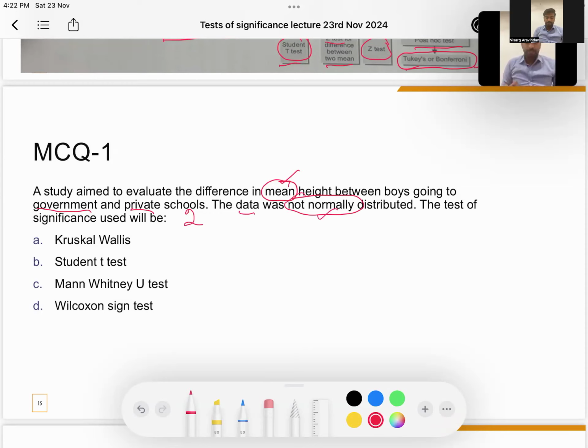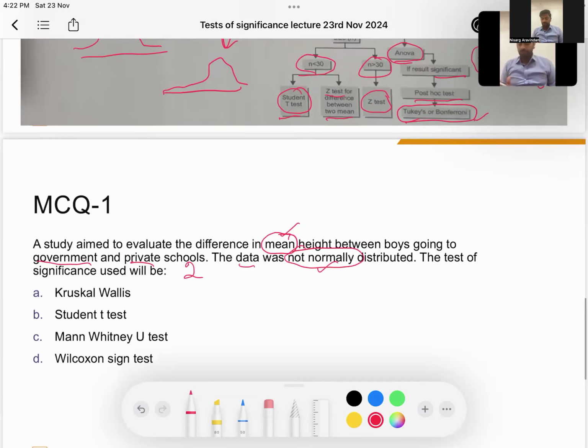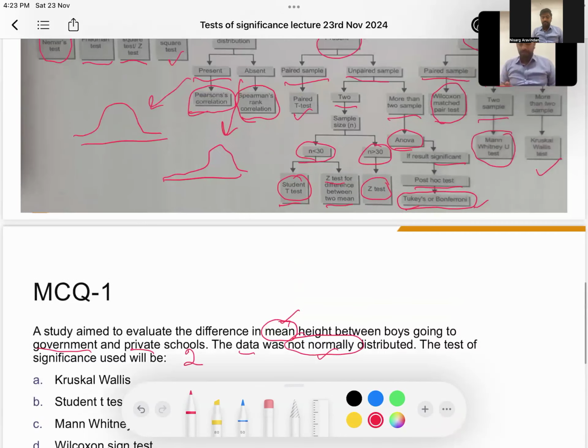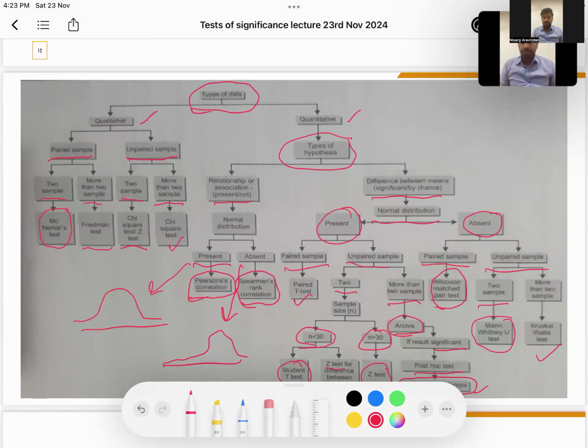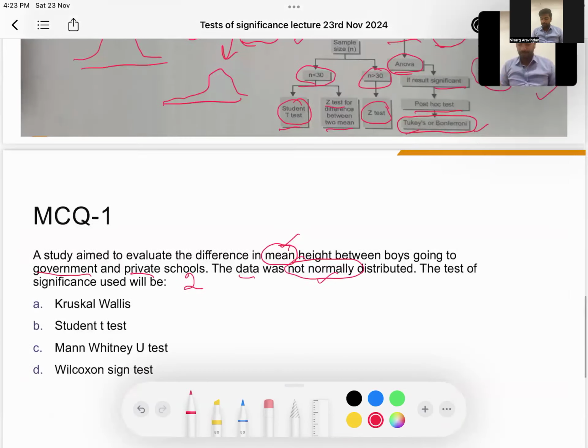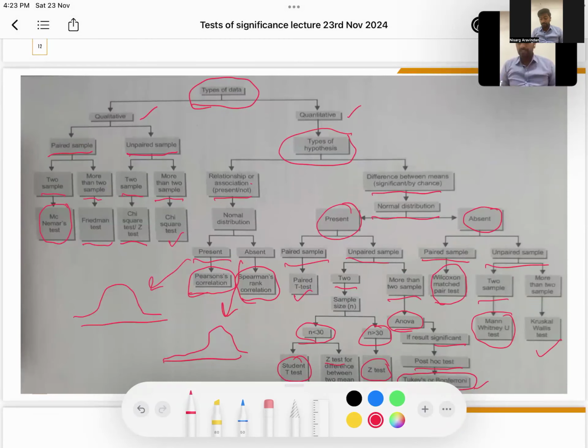Now, the test of significance used will be, so let's use this flowchart for this, okay? Now we're comparing the mean height. So the mean height would be the quantitative, correct? Type of hypothesis, you're comparing the mean, correct? Mean height, yeah, mean height. Next, we are saying that it's not normally distributed here, correct?